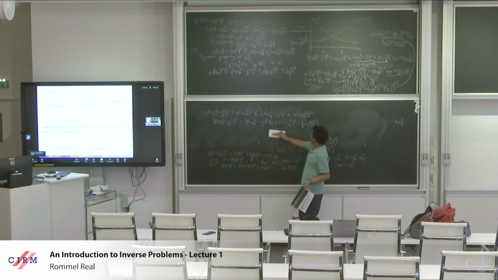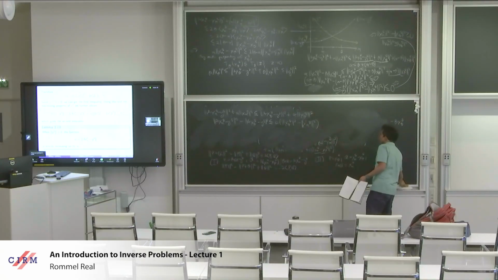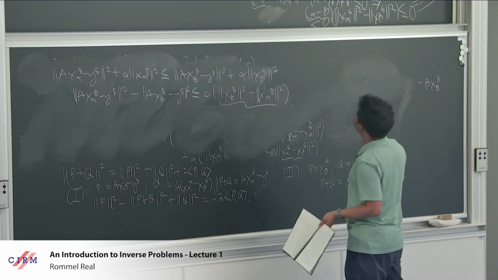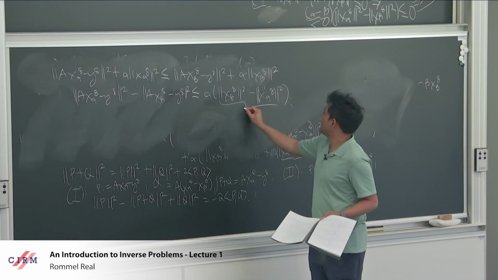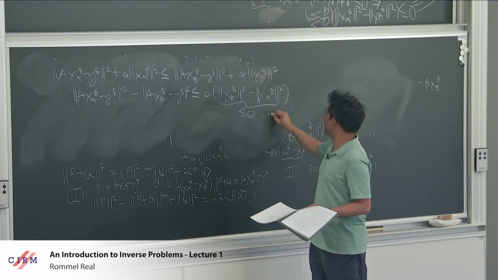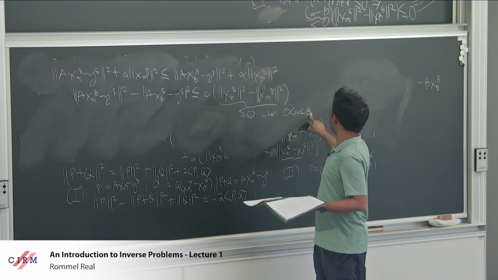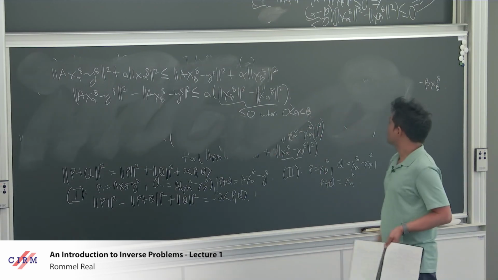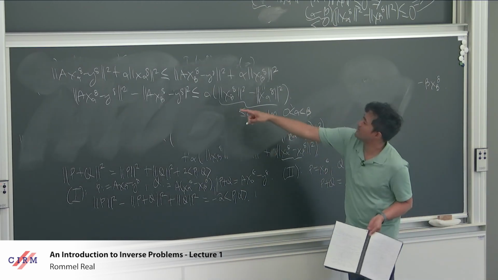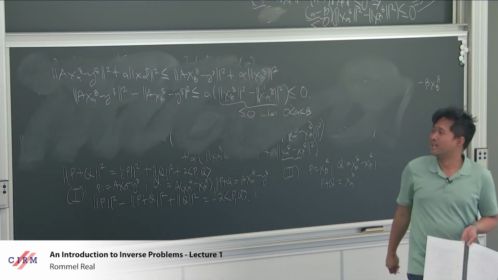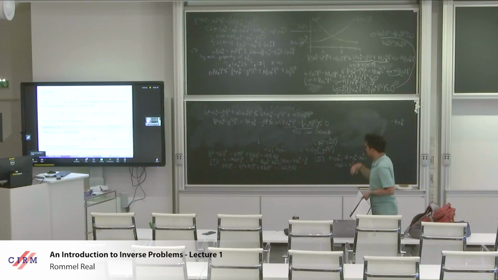And previously, by the first inequality, this must be less than or equal to 0 when alpha is less than beta. And alpha is positive, so that means this entire right-hand side must be negative. And that gives us the second inequality. Right?